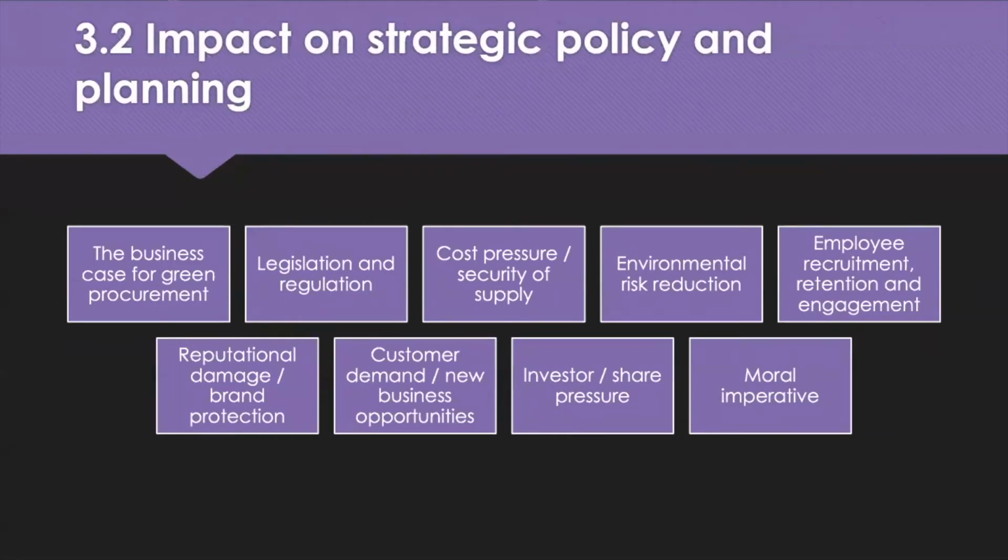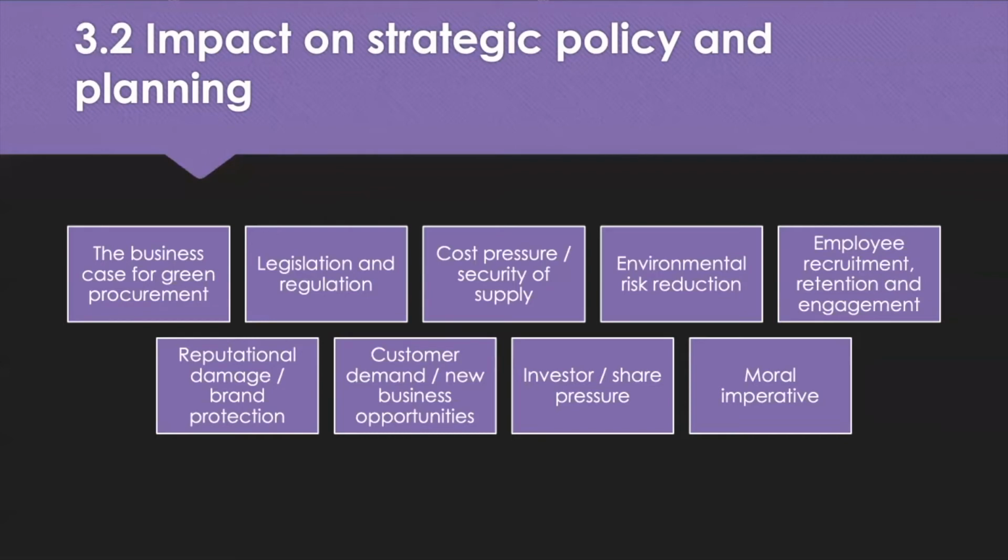So what is the impact on strategic policy and planning? Before we start working on building a sustainable supply chain, it's going to be quite important to understand the business case in the first place, which is the reasons justification for the activity, because it's got some expected commercial benefit.